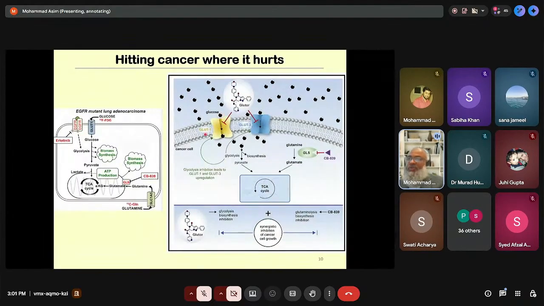They do it by enhancing the level of the glucose transporters. If you have more transporters, these cells will be able to attract more glucose.